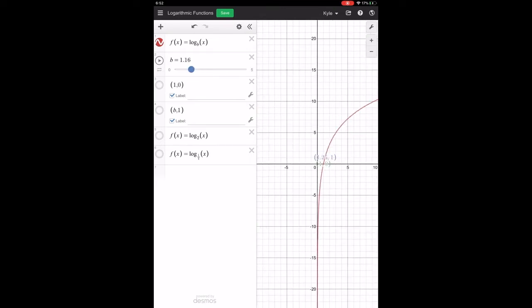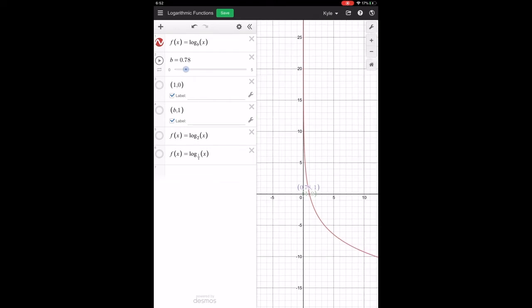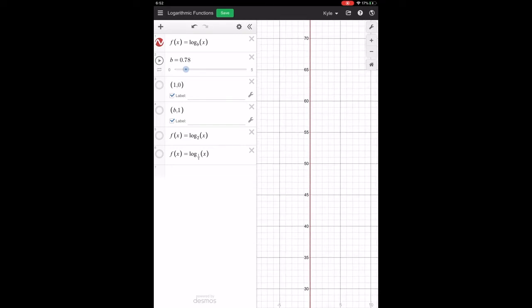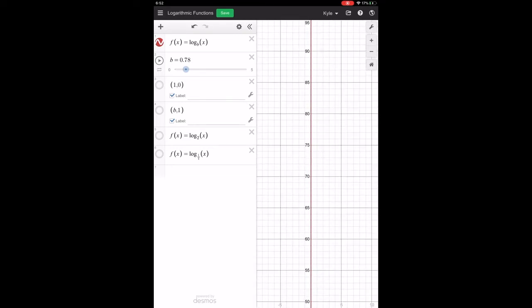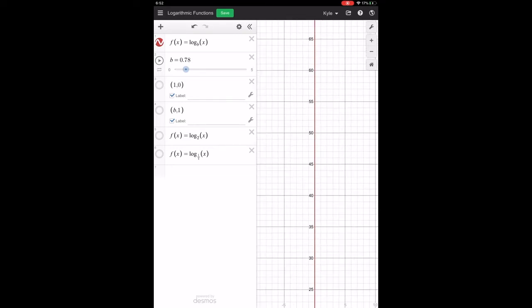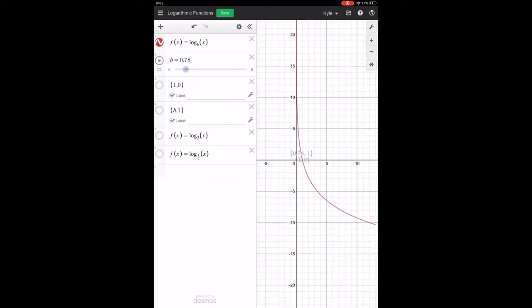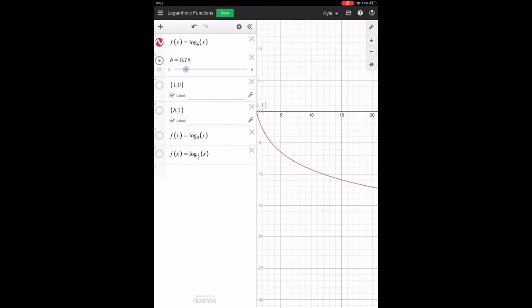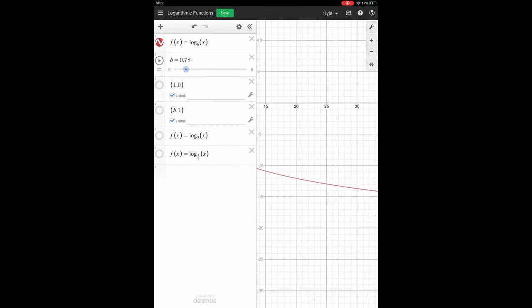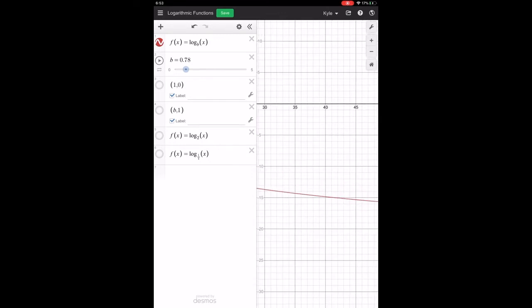Now let's get into a decay situation. Here we have logarithmic decay. We can see that we're going up towards infinity, obviously. The red graph keeps increasing up and up and up towards infinity. But then as we come down here, it starts going down towards negative infinity as well, just very slowly.